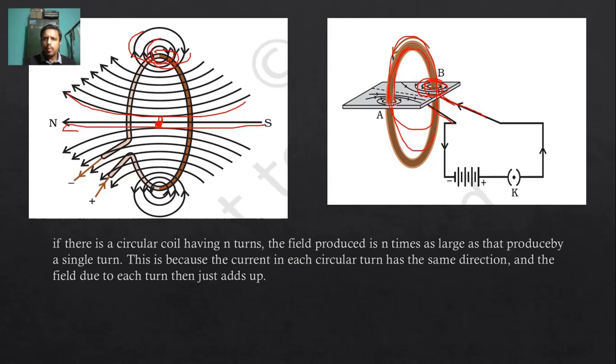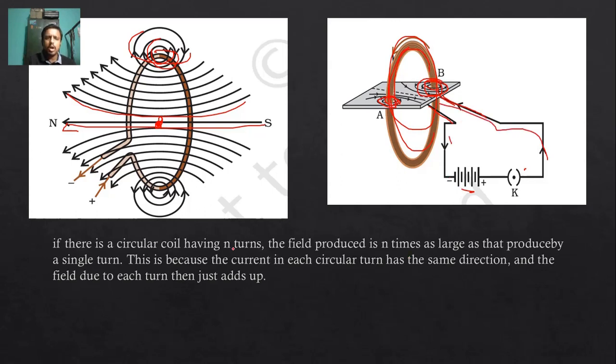When you come to this side, you can see that the circular direction has changed from anti-clockwise to clockwise, because the current flow on this side is like this. So the direction has changed. This is the setup, this is the battery, this is the key, and this is the direction of flow of current.